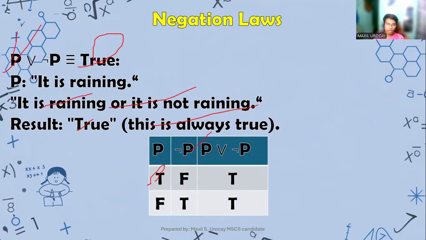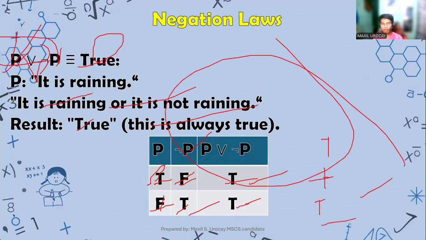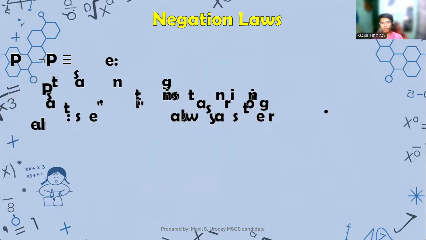P is T, the not P for that is F, and then for the other row P is F and not P is T. If we begin to work on the details for P or not P, OR is addition: true plus false is true, false plus true is true. So the true statement is true and true. If they are equivalent, true and true, yes. True and true, yes. Therefore, they are following the equivalence property.